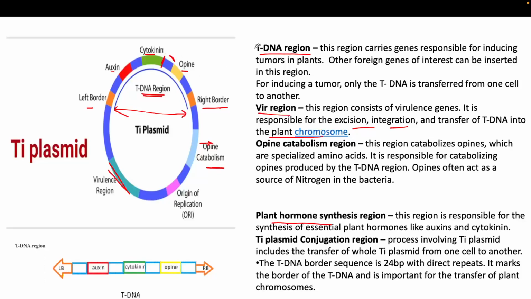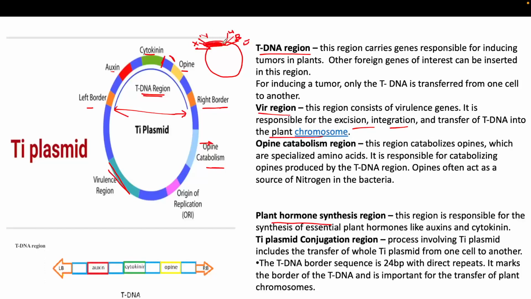If you look at the ideal plasmid structure, there is one multiple cloning site, meaning a variety of restriction sites. Suppose these are HindIII, BamHI, EcoRI, XhoI and so on. Different restriction sites will be there from the C terminal as well as the N terminal, and in the middle of the N terminal and C terminal there will be your target gene.